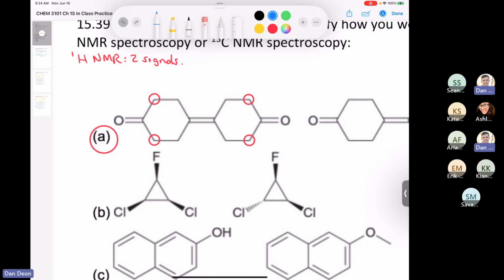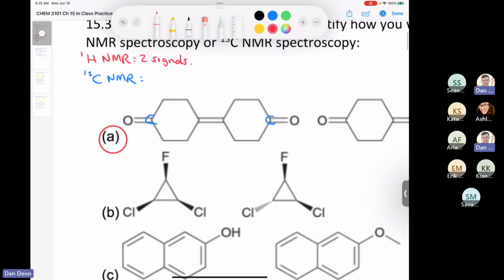So now let's back up, and how many signals would we see in the carbon-13 NMR? Okay, so somebody says 4. I think that sounds reasonable, right, Sean? Because this carbon and this carbon are chemically equivalent.